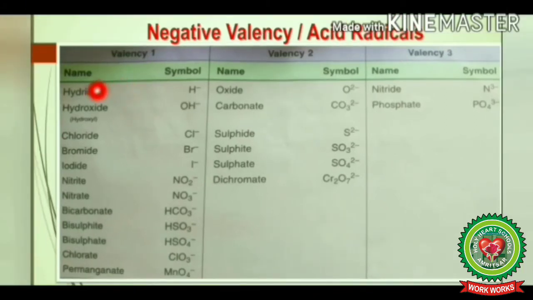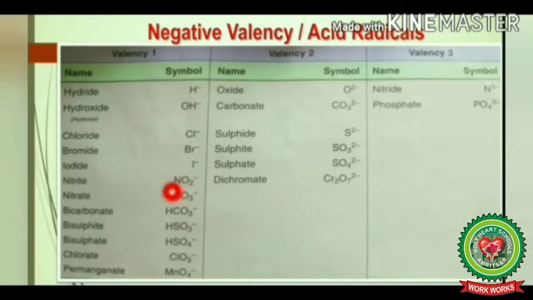Students, the elements or the radicals which have -1 valency are hydride H-, hydroxide OH-, chloride Cl-, bromide Br-, iodide I-, nitrite NO2-, nitrate NO3-, bicarbonate HCO3-, bisulfite HSO3-, bisulfate HSO4-, chlorate ClO3-, permanganate MnO4-.